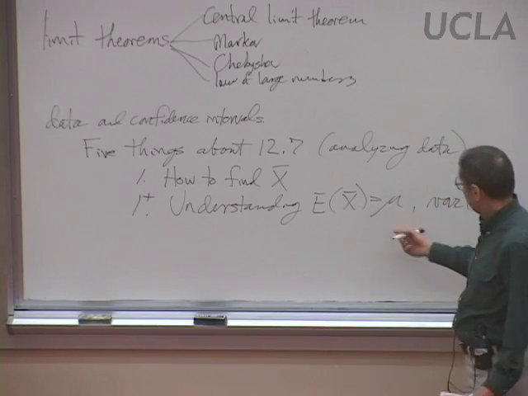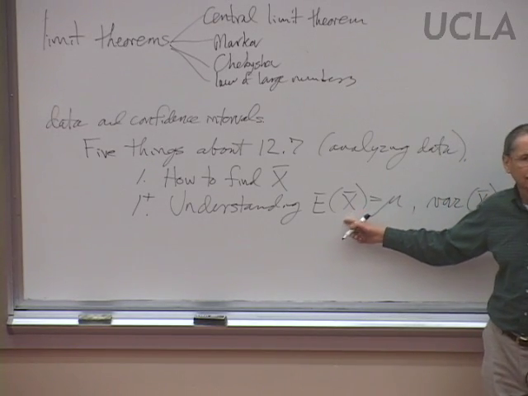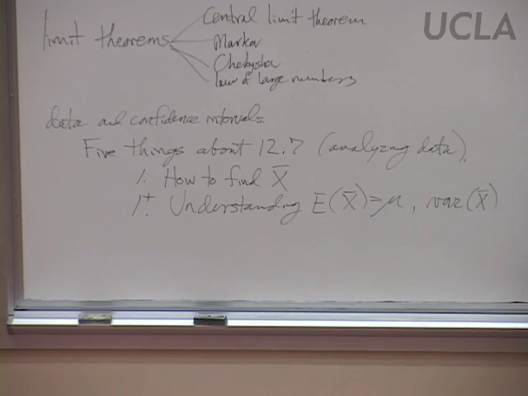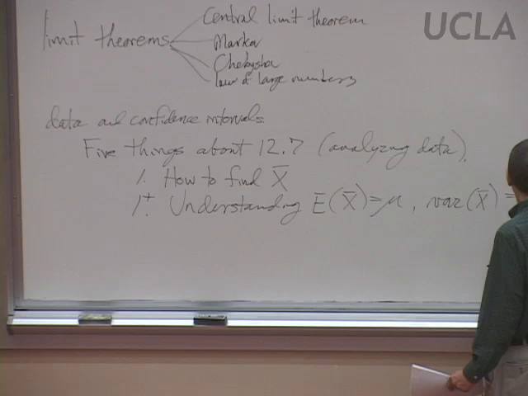So by the law of large numbers, for large n, we figure x bar should be telling us pretty much about what the mean measurement mu is going to be. And where these independent, identically distributed measurements have standard deviation sigma, we know the variance is sigma squared over n.